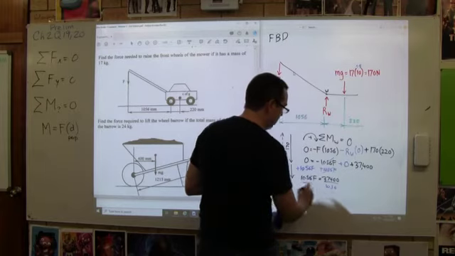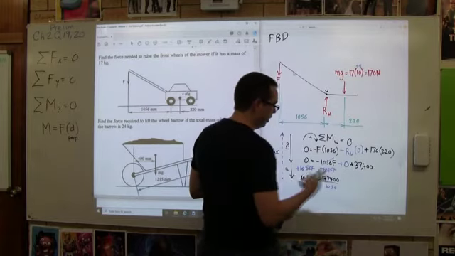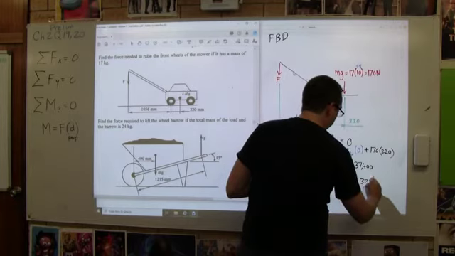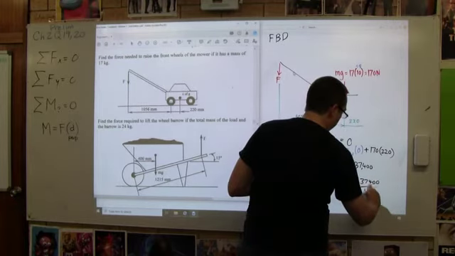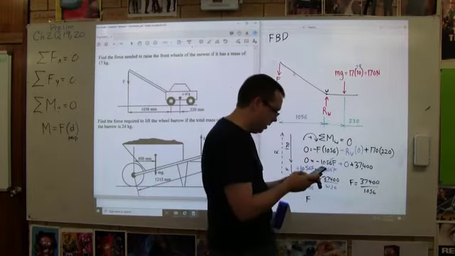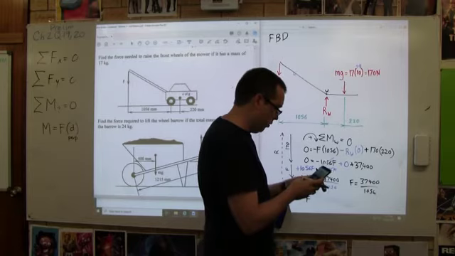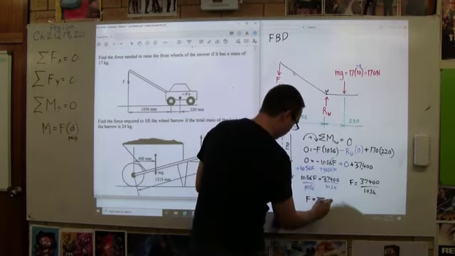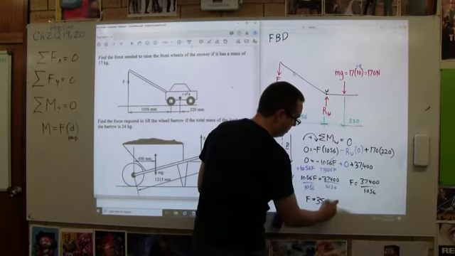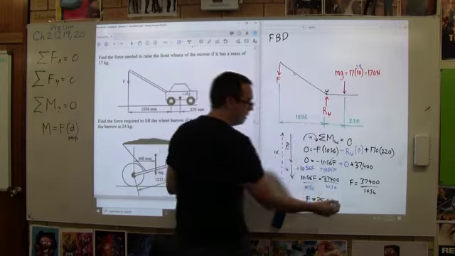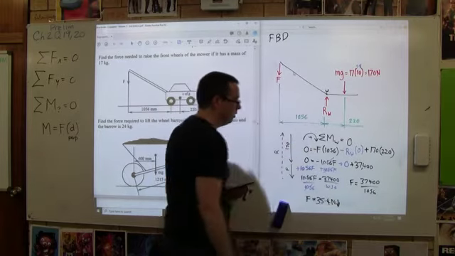These will cancel out. So F equals 37400 divided by 1056, which equals 35.4 newtons. Now, keep in mind, we said originally it was down, so we need to include that and say that was the force down.